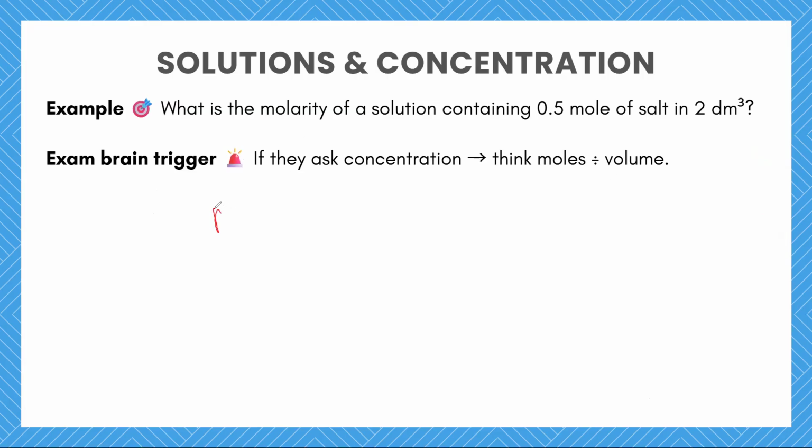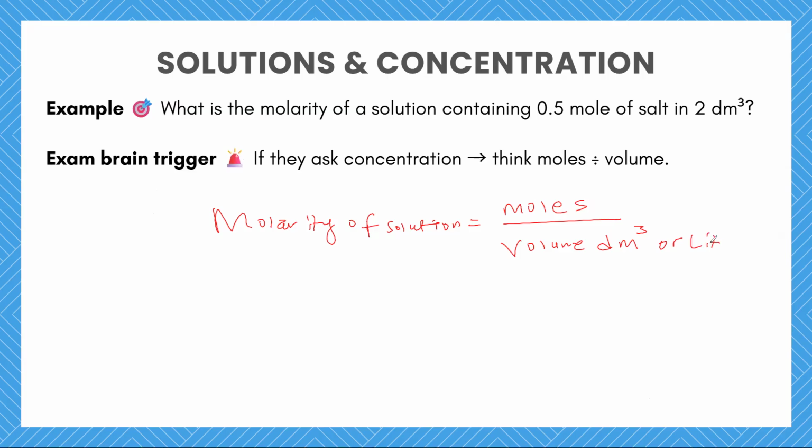The molarity of a solution is given by the number of moles divided by the volume. That volume must always be given in dm³ or liters, because molarity is measured in moles per dm³. This is also the same unit that we measure concentration with in chemistry.